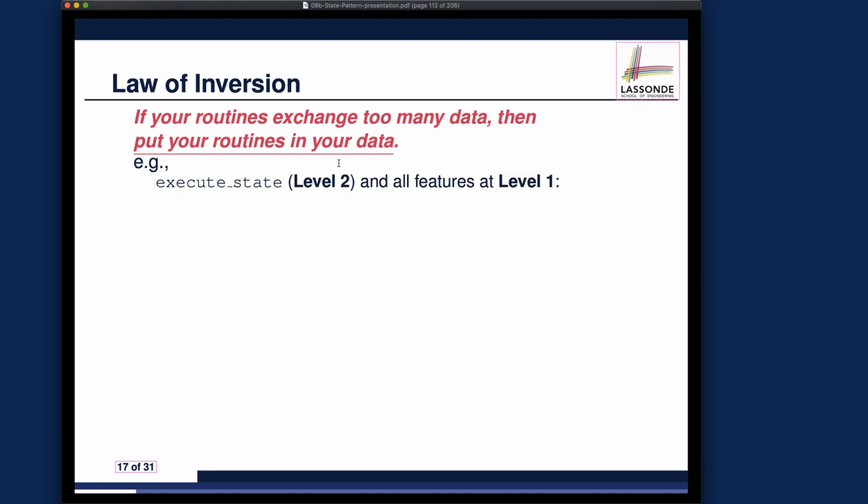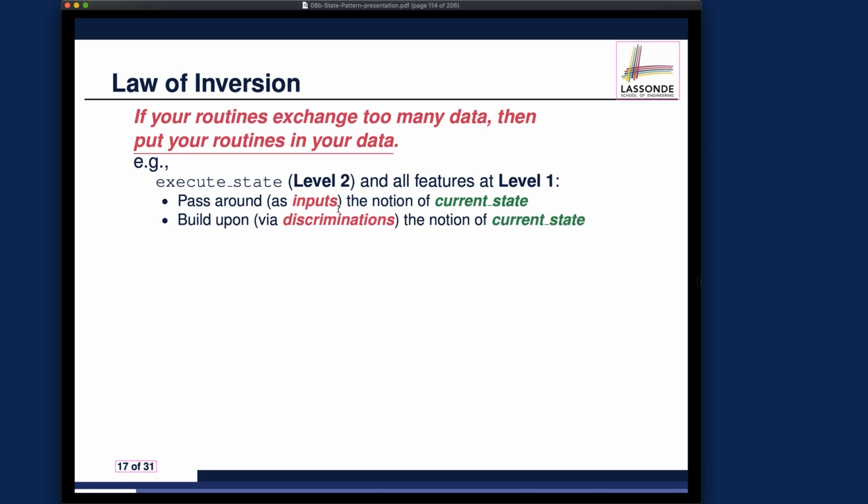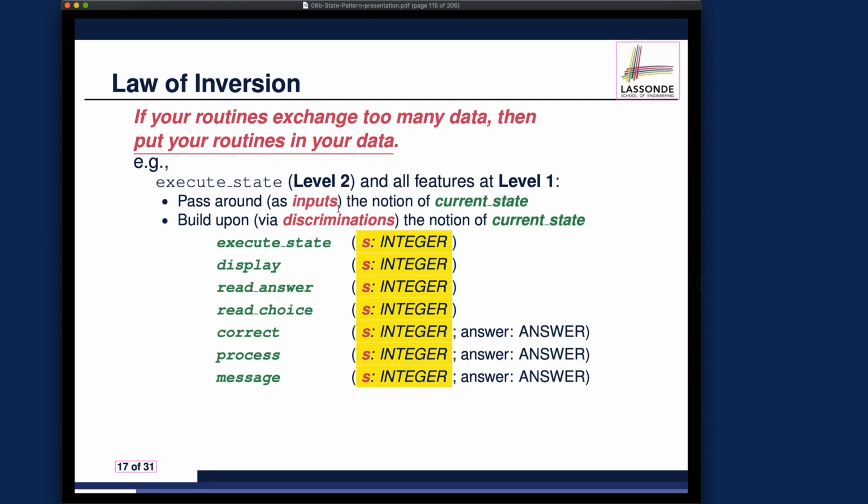Okay, for example, now when you say execute states and all the features at level 1, right? So now they simply pass around the current states, and then they build upon using discriminations on the current states. So this would be something we would like to improve. We want to somehow eliminate this particular input parameter. That's something we would like to do.